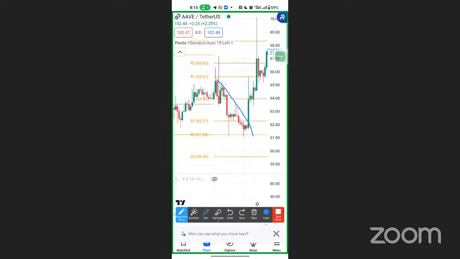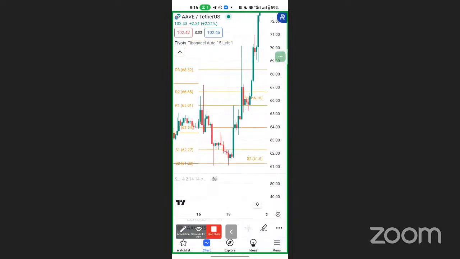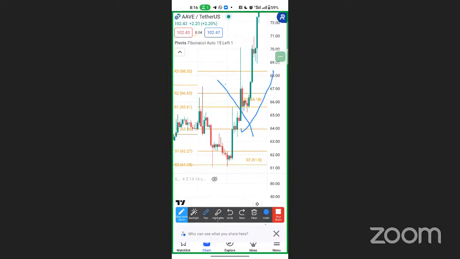Now expect a reversal. And once it is above resistance 2, like in this example, where it had gone above resistance 2, understand that this coin has been overbought, and expect a reversal. And the expectation happened.